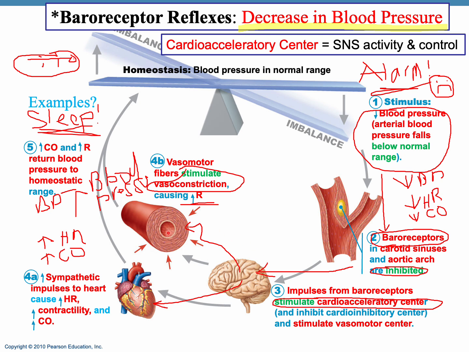A message is also sent to blood vessels, and this leads to them undergoing vasoconstriction, increasing resistance, and ultimately an increase in blood pressure. Literally, this sequence of events is taking place when the alarm goes off and it's time to get up to go to work, go to class.